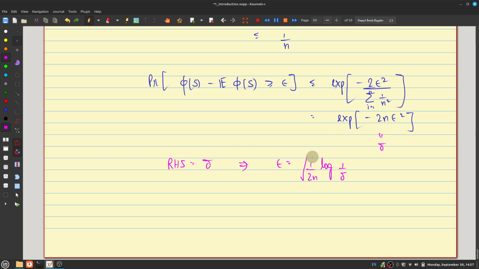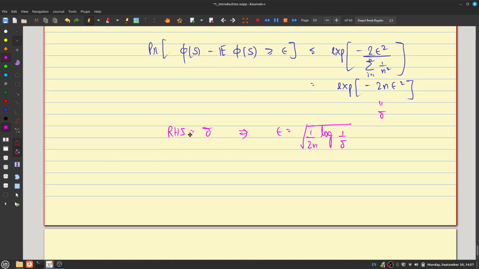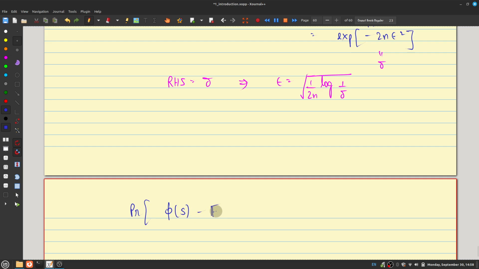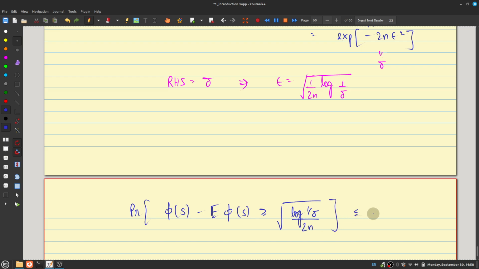Correct. Right, so I can say that the probability that P of S minus expectation of P of S is greater than or equal to square root of log 1 over delta divided by 2n is at most delta.